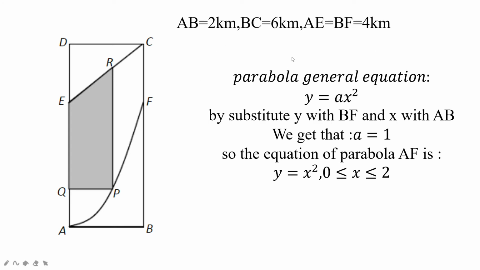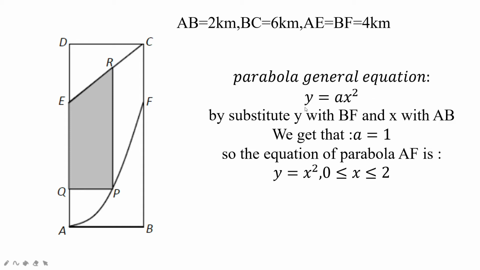So let's see how we do this. We all know that the general equation of a parabola with vertex at the origin is y equals ax squared. We also know that the point F is on the locus of this parabola. So what does it mean? This means that the coordinates of F must satisfy this equation.